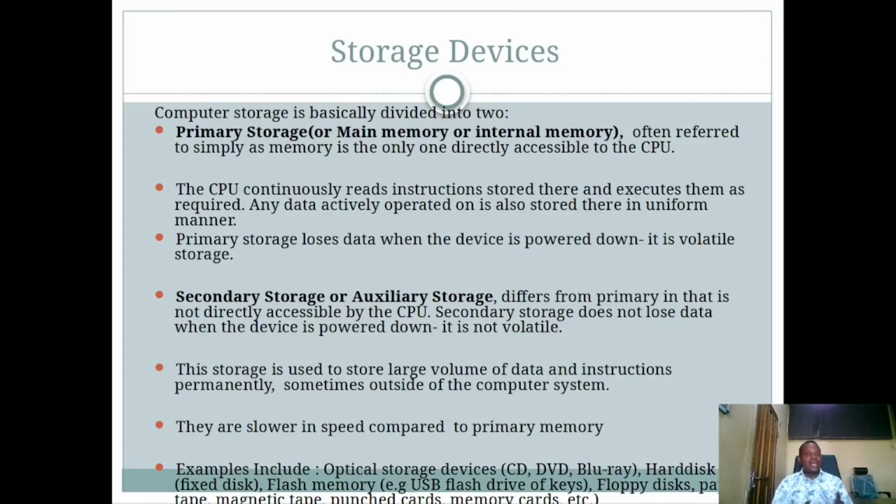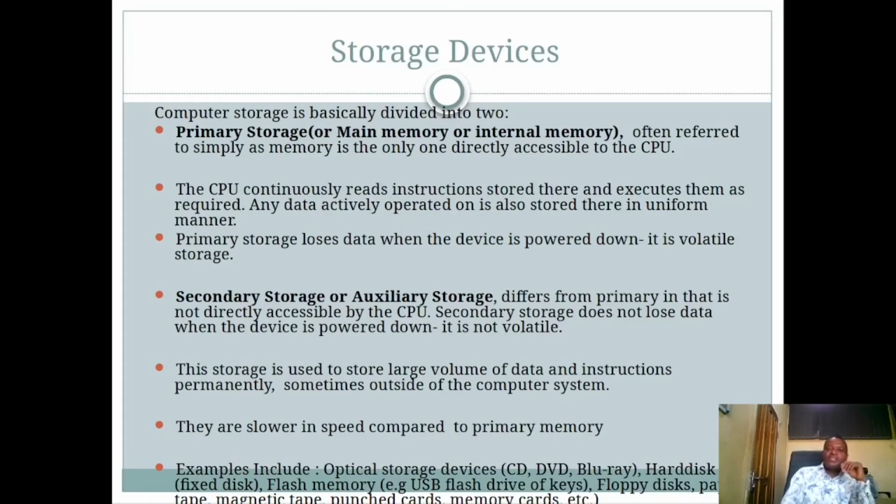No, it is basically used by the CPU in handling data that are currently being processed, or the instruction that the system is currently handling. So as soon as the computer system shuts down, whatever you have on the primary storage disappears. Remember that another name for primary storage is main memory or internal memory.